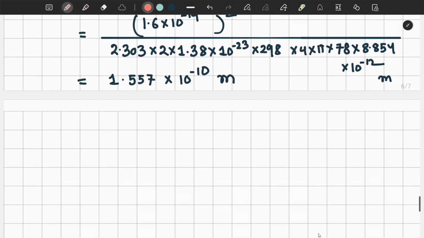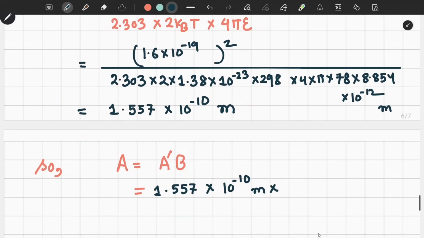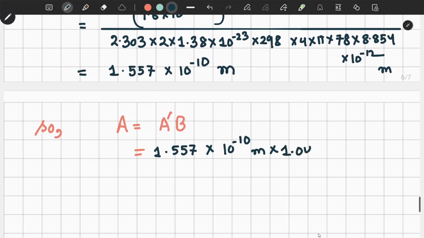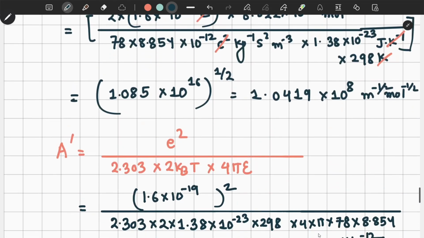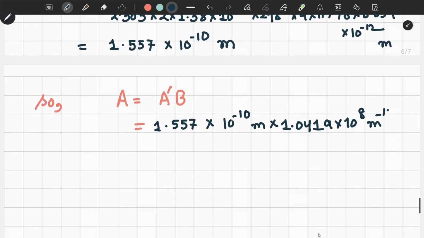Okay, yes. So A will be this. So just write it. It is 1.557 into 10 to the power minus 10 meter. And here it is 1.0419 into 10 to the power, not minus, it is probably plus, yes, 8 meter to the power minus half, mole to the power minus half.